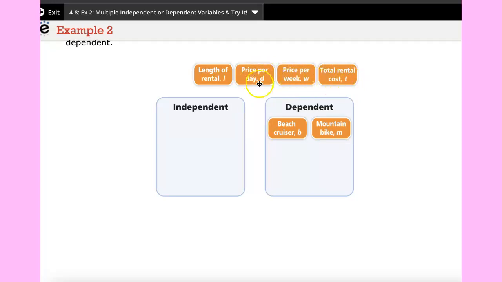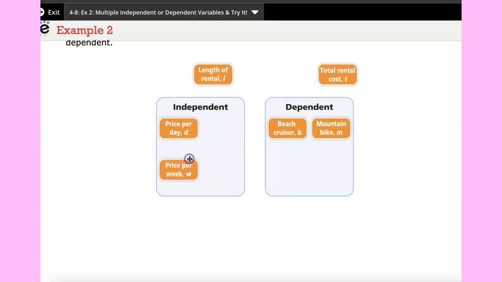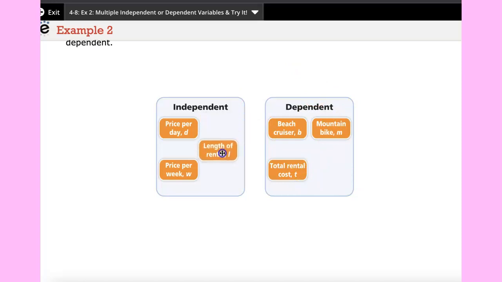Those are prices. We could put them all in the independent variable. The total rental will be the dependent variable because that is the one where you always have the total cost, and you could rent it for a day or for a week or for 2 days. So those are the ones that change. The ride doesn't change, and it will always be a total amount.